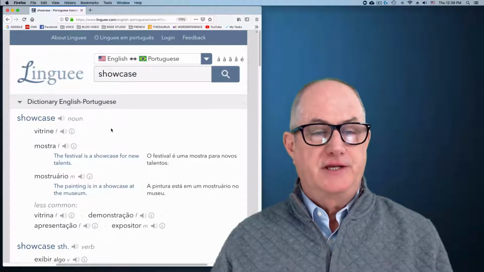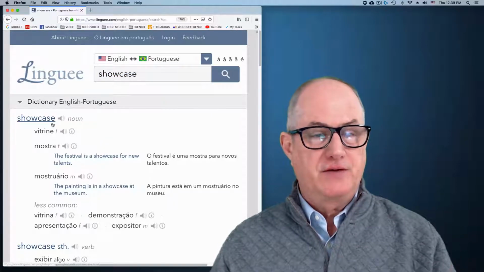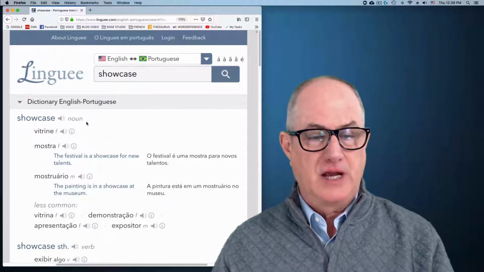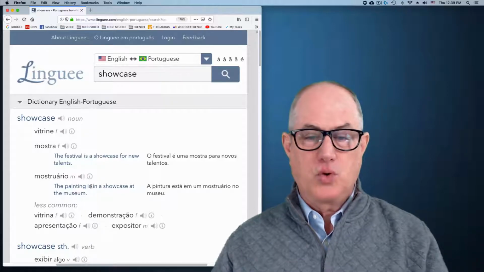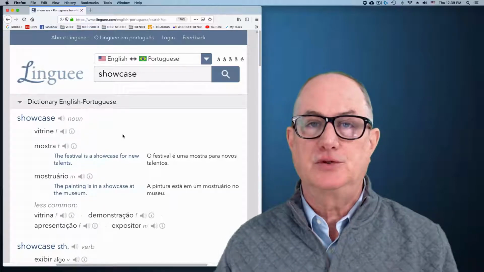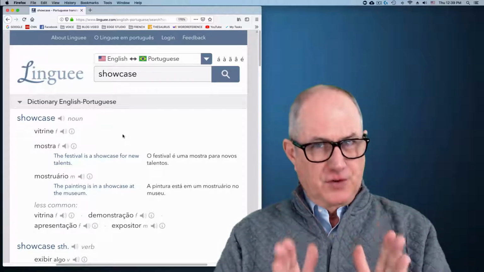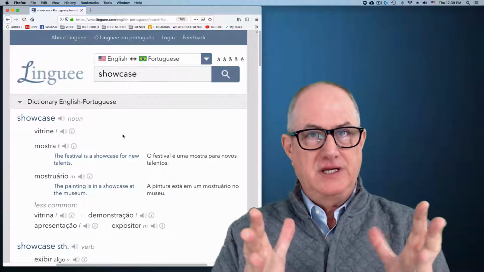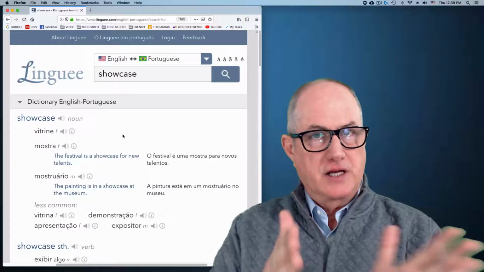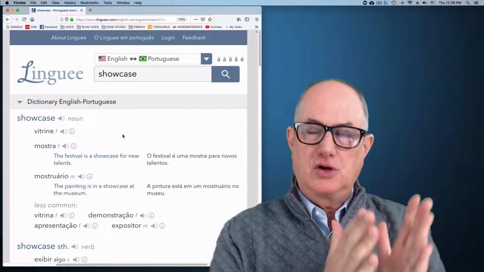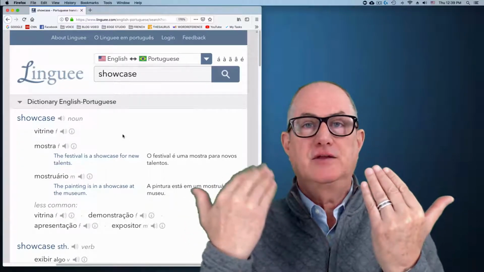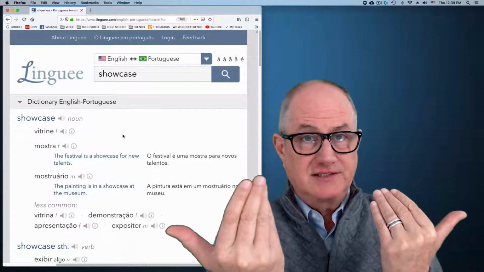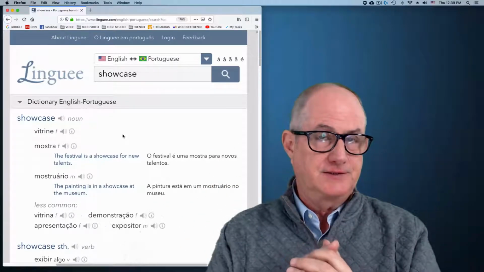In the first place, I'm going to notice that we have showcase as a noun and that there are a number of Portuguese options available to me. In other words, the first thing Linguee gives me is a glossary, not a dictionary, but a glossary. I can see the Portuguese equivalence to the word showcase.